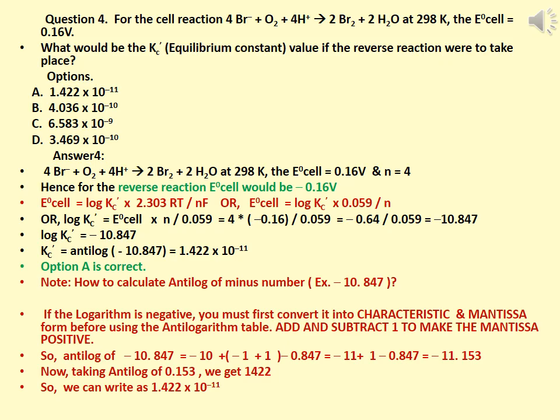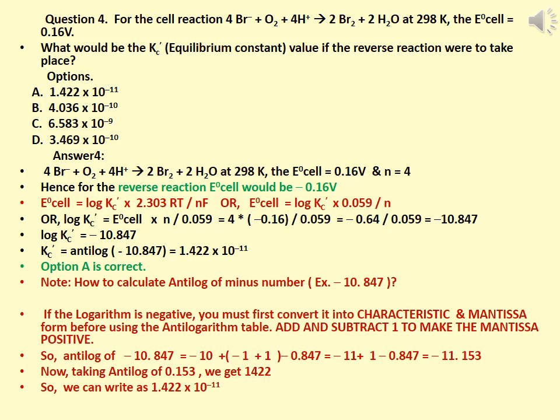Minus 1 minus 10 would become minus 11. Plus 1 minus 0.847. Still the mantissa is negative, so you are subtracting it from 1. 1 minus 0.847 is 0.153. Therefore, the number is now ready for taking the antilog.